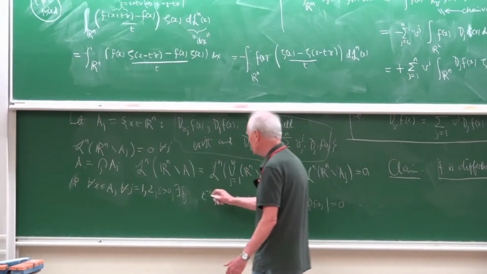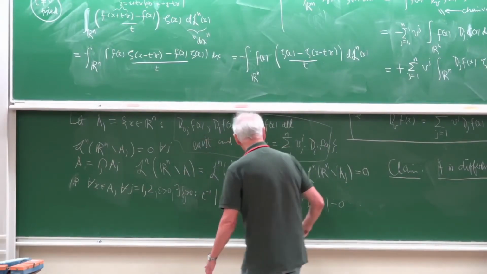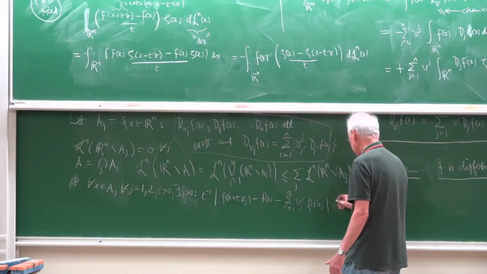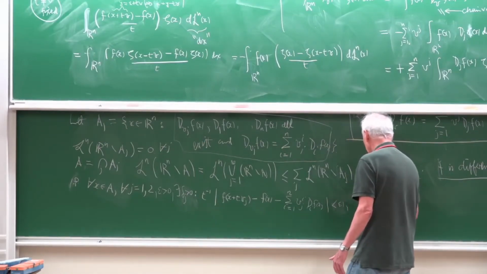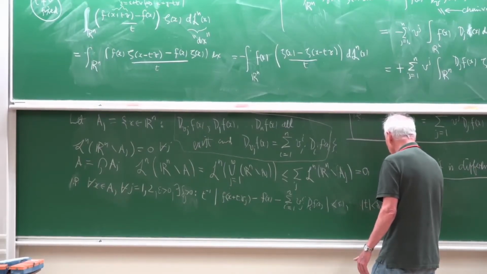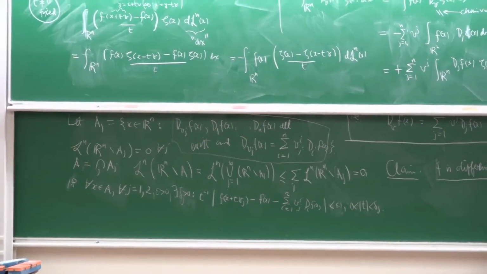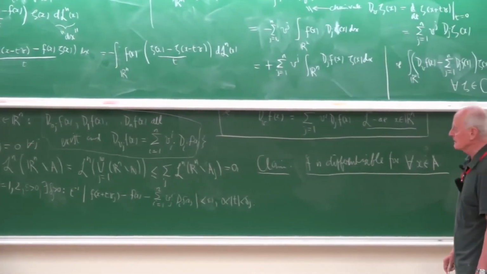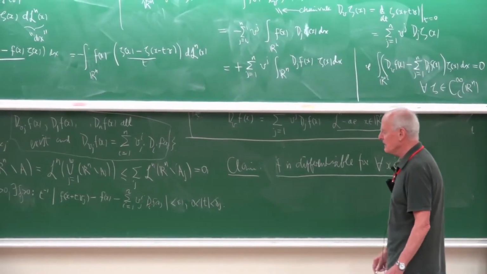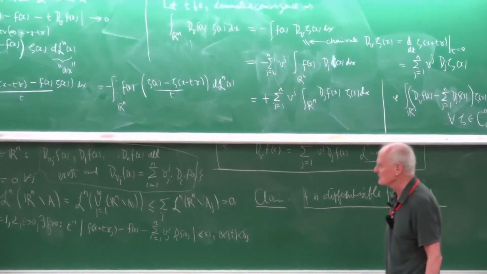So there exists a delta j bigger than 0 such that this is less than epsilon for mod t less than delta j. So that would be the epsilon delta way of saying that that limit is 0. So that's what we have to work with now, and I claim that it does imply differentiability. So let's check that.